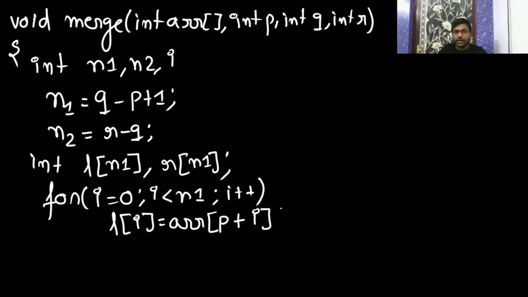First i is 0, then p, then p plus 1, then p plus 2. I will increment like 0, then 1, then 2, till smaller than n1. Please let me know whether it is clear or not.